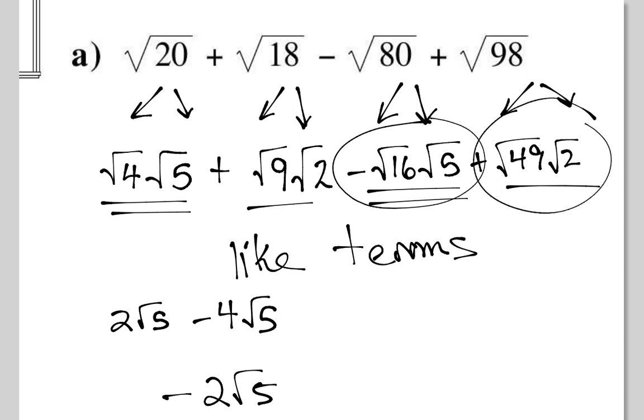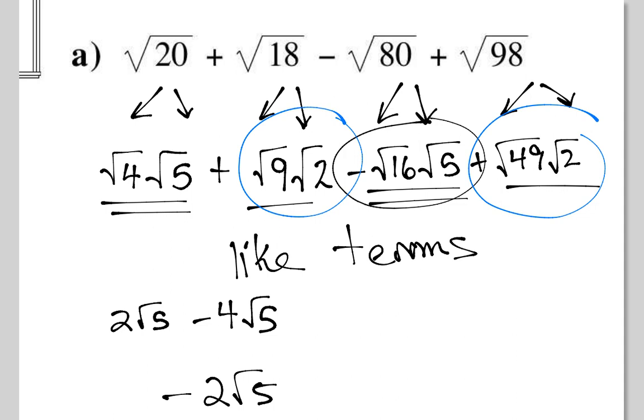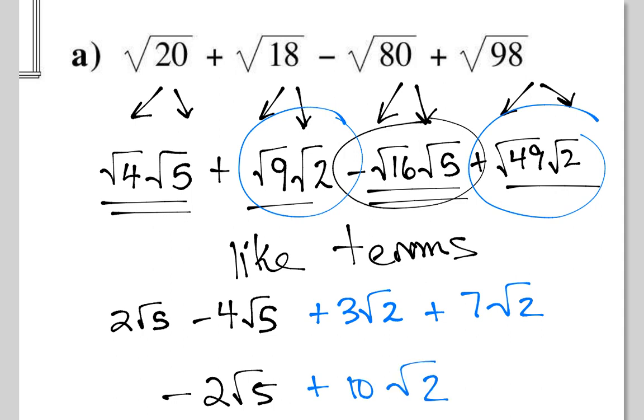Oh, and this, sorry, I'm getting a bit messy here. Let me change color so it's clear. The 2 blues have to go together. What do we have there? That's a positive 3 root 2 and positive 7 root 2. Altogether that makes 10 root 2.